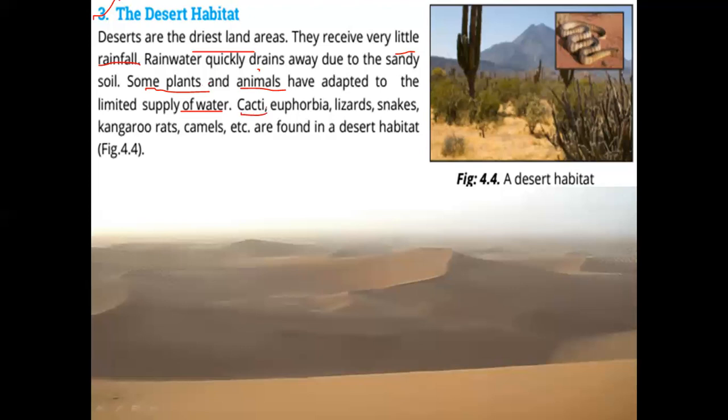If you see cactus, this is cacti, plural of cactus. Euphorbia is also a cactus-like plant. Lizards, snakes, kangaroo rats, they jump like kangaroos. Camels also are desert habitants.